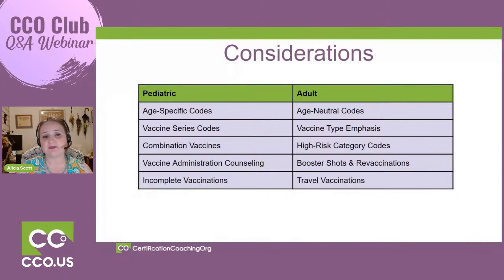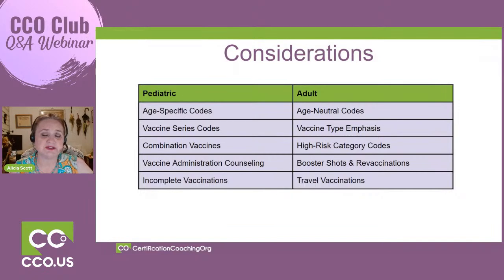For pediatric codes, the first thing is that they are age-specific codes. In the description, you're going to have an age range. Most of the time with pediatric vaccination codes, there's also a series of vaccines that happen, or a series of codes. There is often combination vaccines, and you want to be very mindful of that.